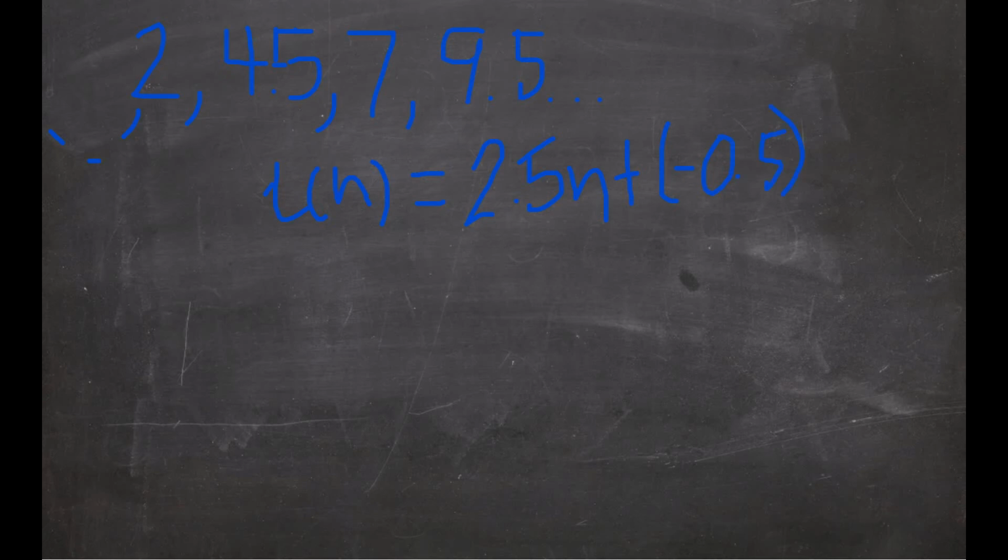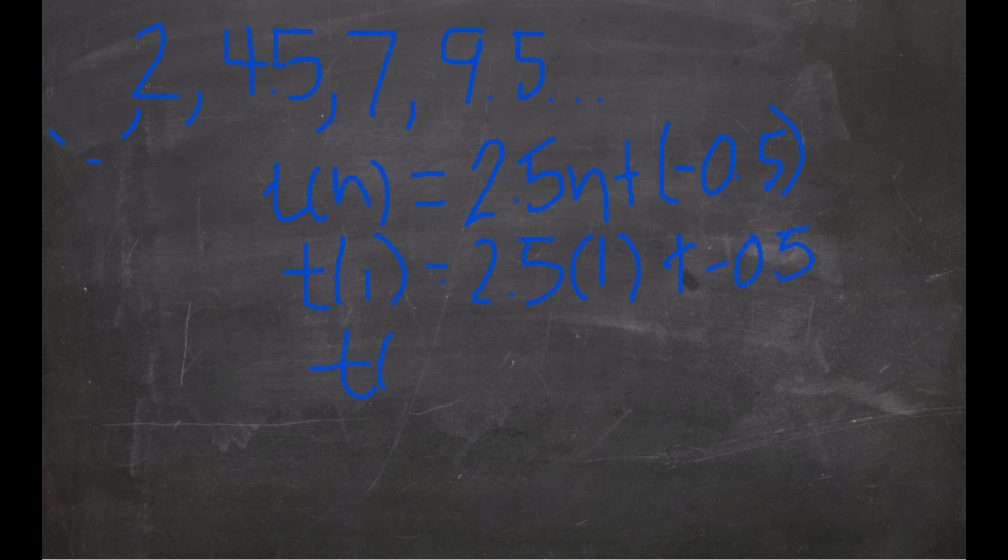And we can go ahead and check. We know that if we use n equals 1, then we should get an output of 2. So let's say we're checking T of 1. If n equals 1, we would get 2.5 times 1 plus negative 0.5.